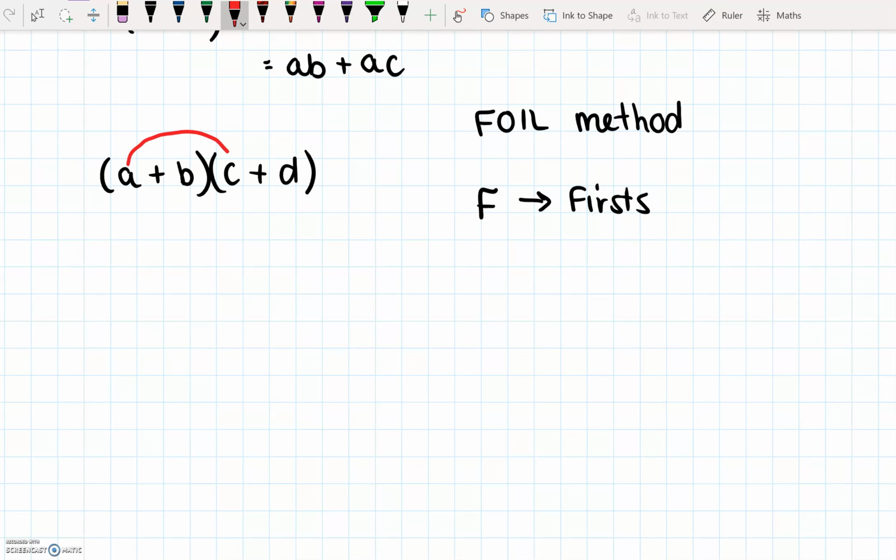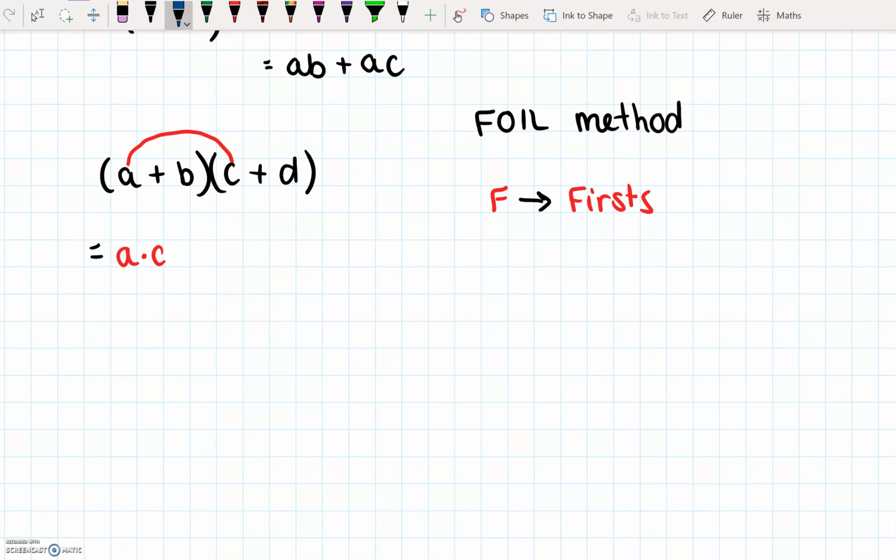So we're going to do a times c. That is the first term in our brackets. So a times c. F is firsts.